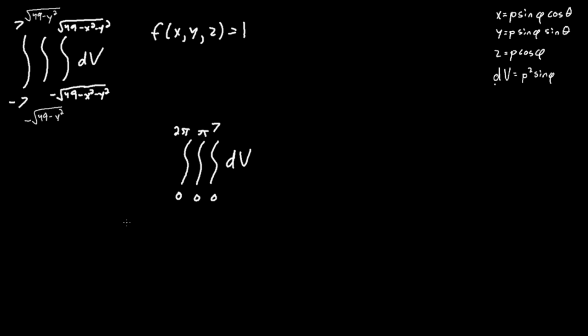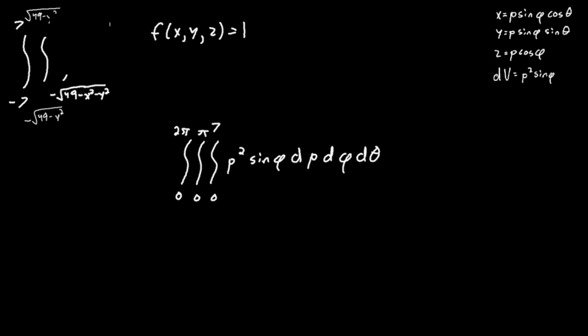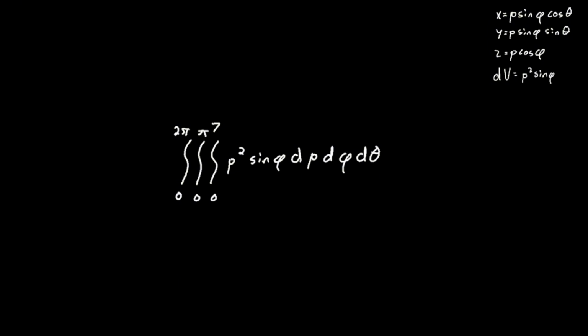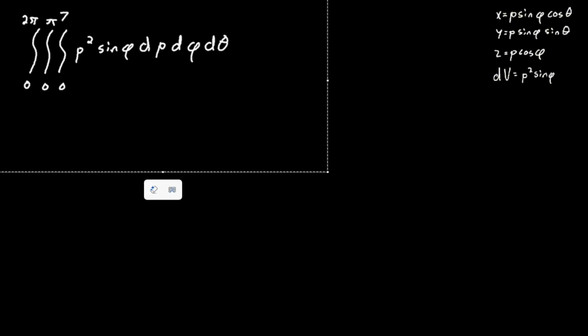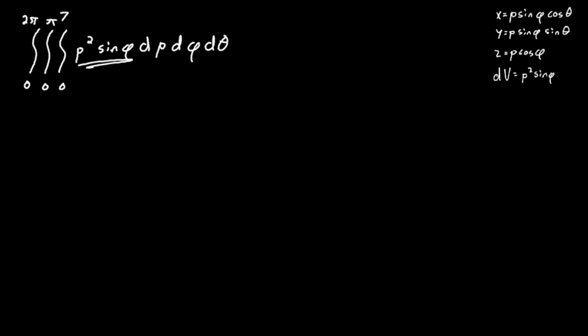Well, dV has a transformation factor of rho squared sine phi. And in the order in which we wrote the bounds, we're integrating with rho first, then with phi, and then with theta. So this is our new integral, with our transformation factor rho squared sine of phi set up, and our bounds.